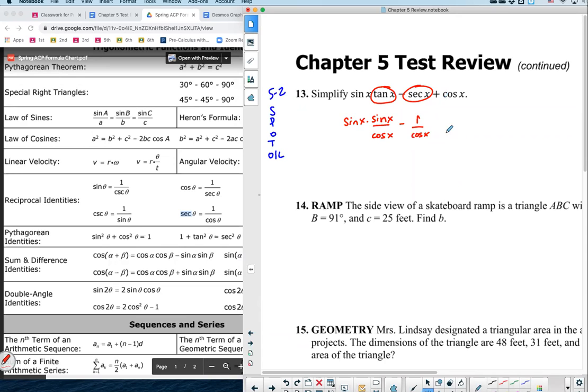Plus a cosine. So let's see what I have here. It appears to me that I have sine times sine, which is a sine squared. And I have a common denominator here, sine squared minus 1 over cosine plus a cosine.